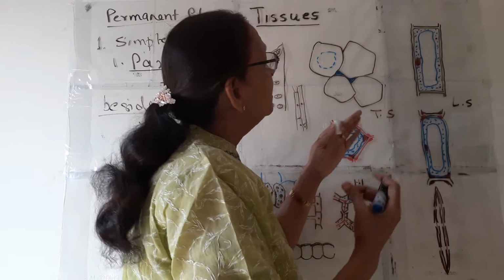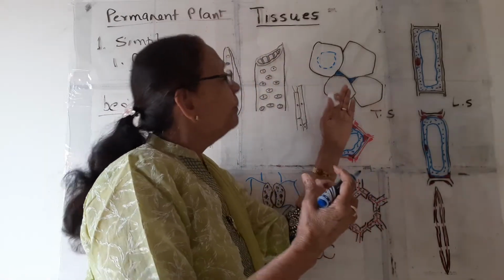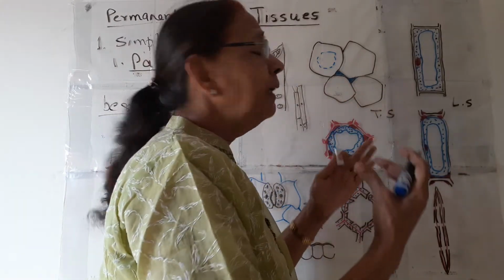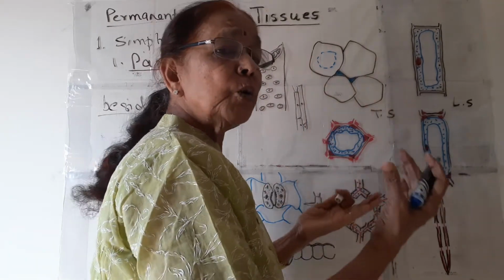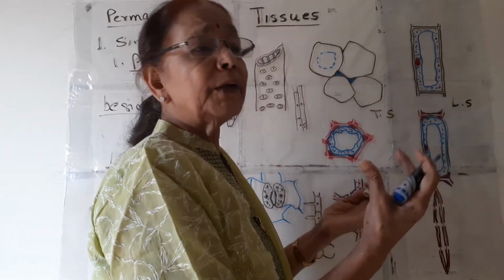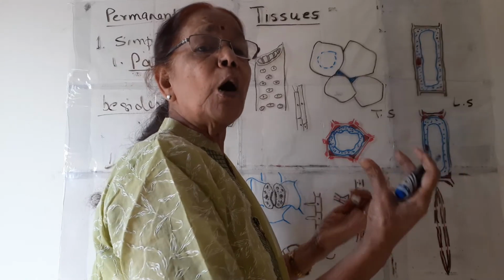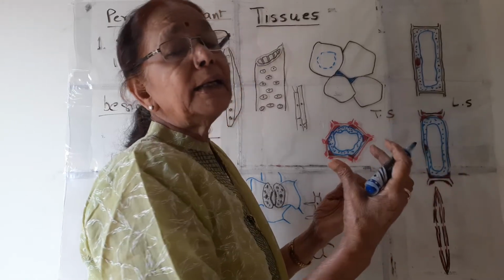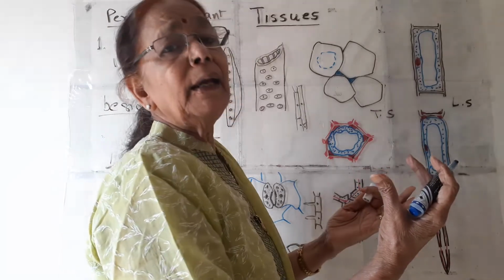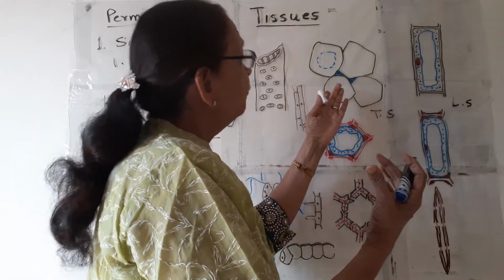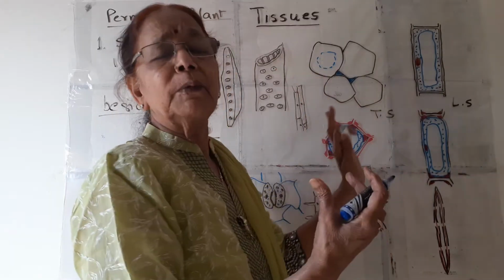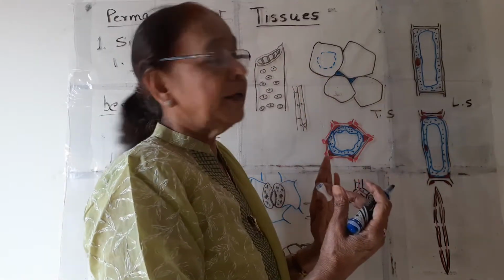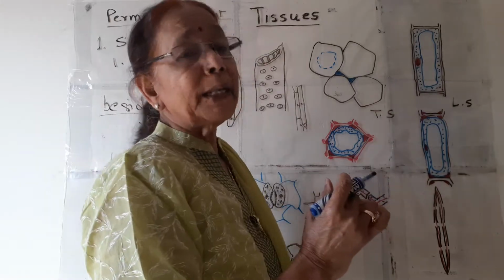That is, these cells have quite big and many intercellular spaces. So the tissue is lighter and it absorbs shock, supports the plant body, stores food and forms the packing material. So this is about parenchyma.